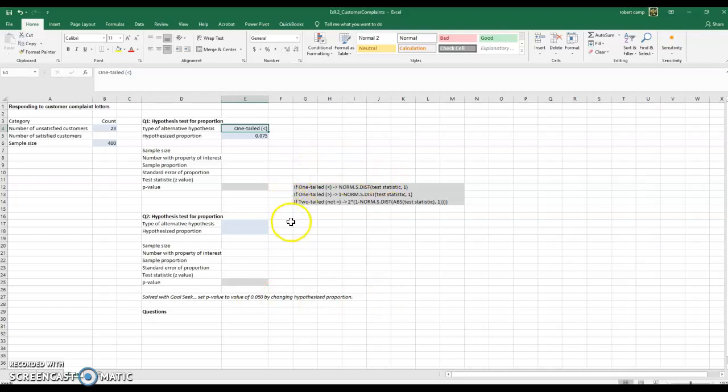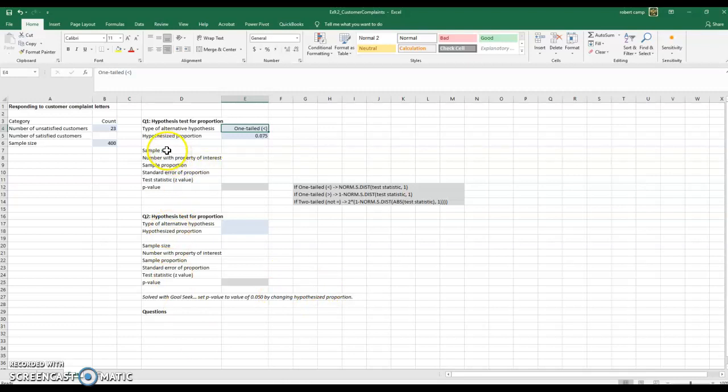You can see right here we've got listed out: if it's one-tailed and it's less than, we're going to be using the NORM.S.DIST. Remember, if I drew my little normal curve here and I have my line, less than will just be the normal. To get anything greater than, you would have to do 100% minus that, and that would be our one-tailed greater than. And then if we're doing a two-tailed, so not equal to that value, we've got this mess here. So let us start going through.